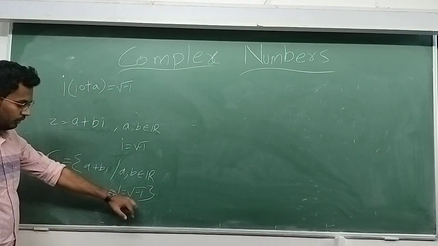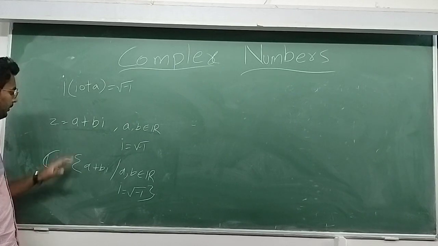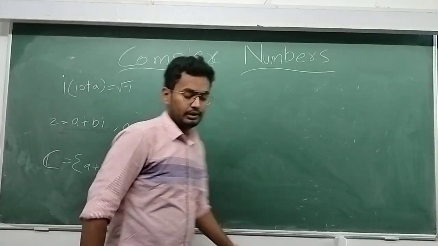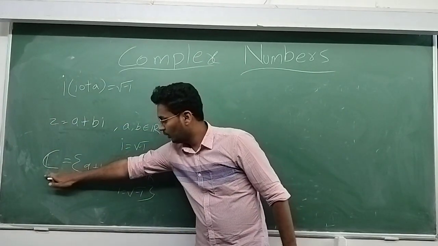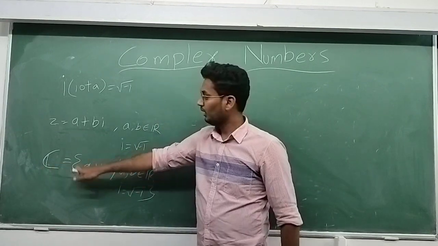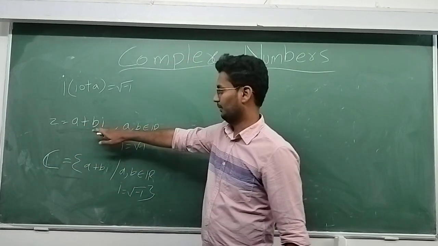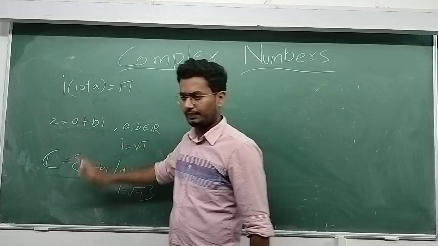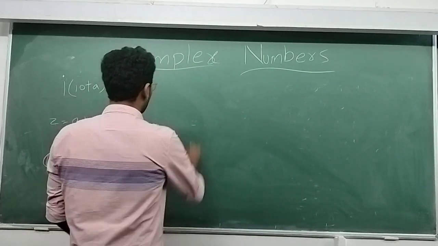Here, C means the set of all complex numbers and z means any one complex number. Okay. Now we go further.